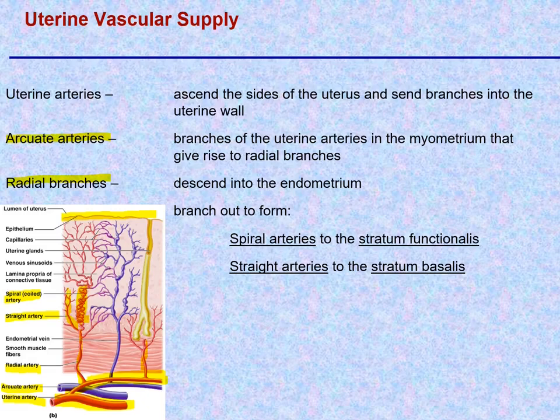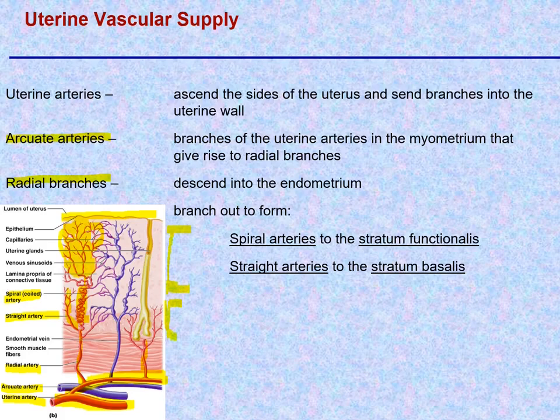The spiral arteries reach up and go all the way up into the functional layer. So this is the functional layer. The straight arteries are much shorter, and they feed into the basal layer. So here we have the basal layer, and here you have the functional layer.